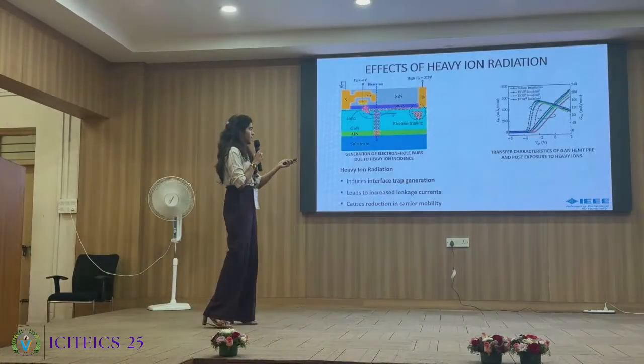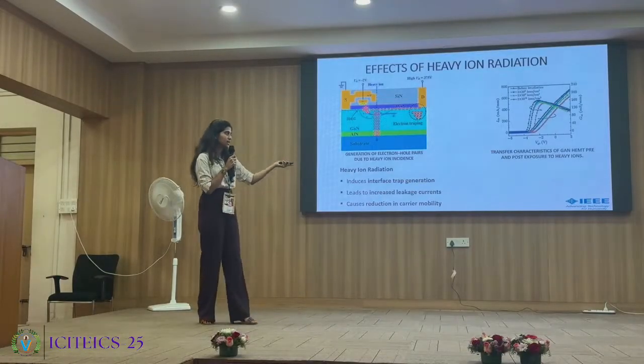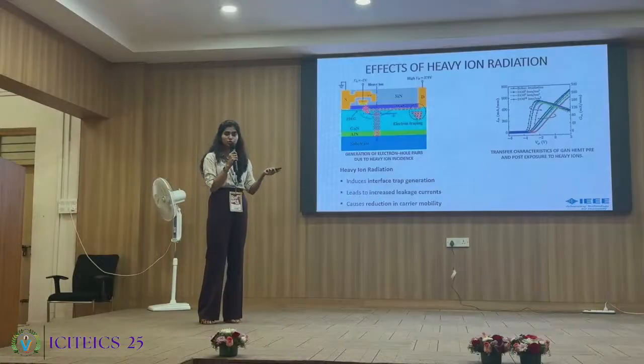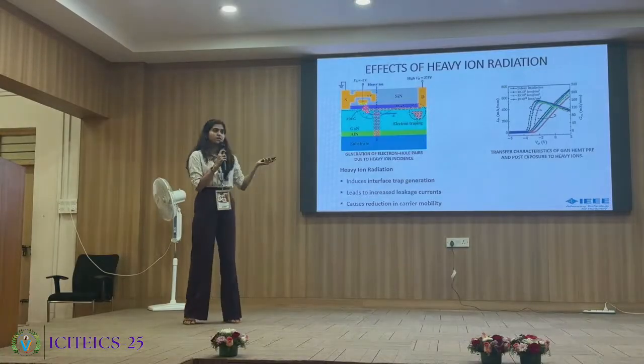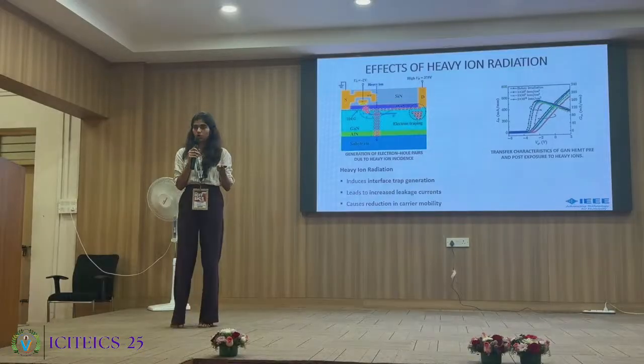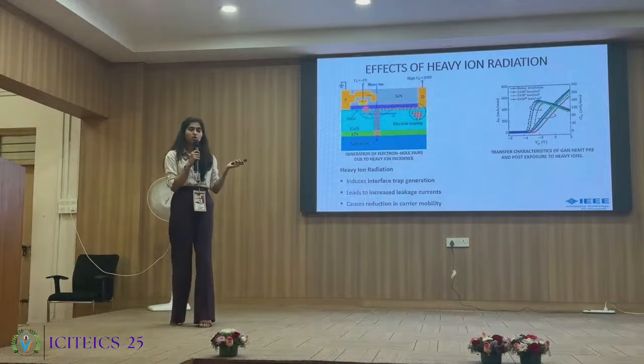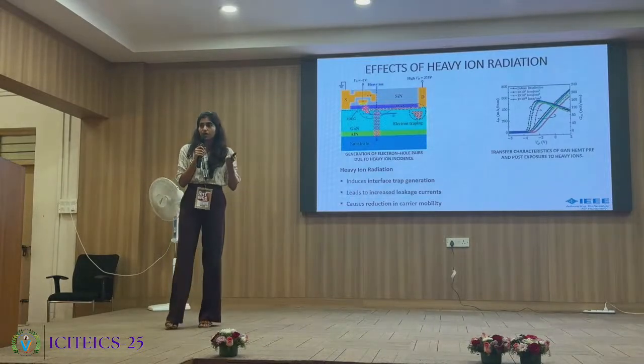Here we can see the transfer characteristic of the gallium nitride HEMT device pre and post exposure to the heavy ions. From that graph we can understand that there is a decrease in the threshold voltage, and we can observe that the threshold voltage has shifted positively.